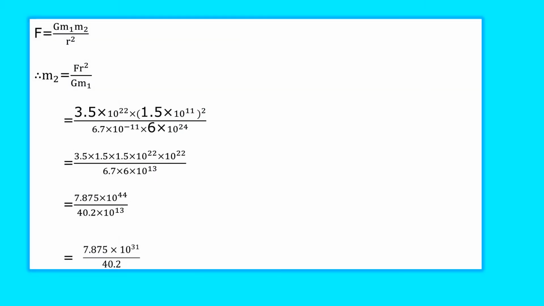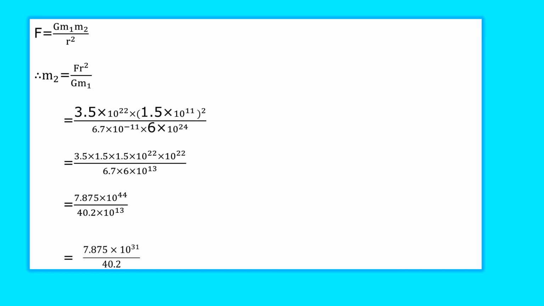Now let us see. Gravitational force, that is force F is equal to G into m1 m2 upon r square. Therefore m2 is equal to F into r square upon G m1. So let us put the values: 3.5 into 10 raised to 22 into (1.5 into 10 raised to 11) square upon 6.7 into 10 raised to minus 11 into 6 into 10 raised to 24.